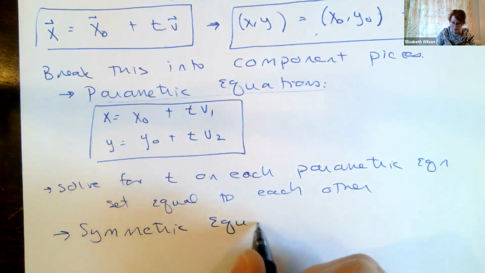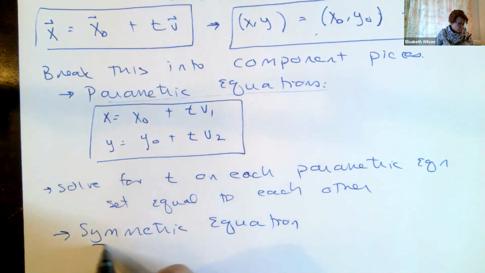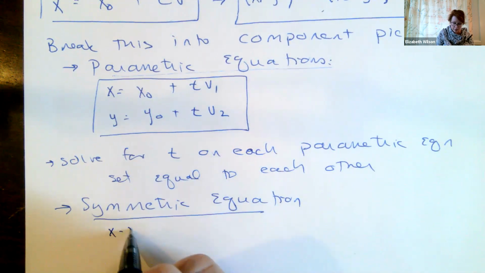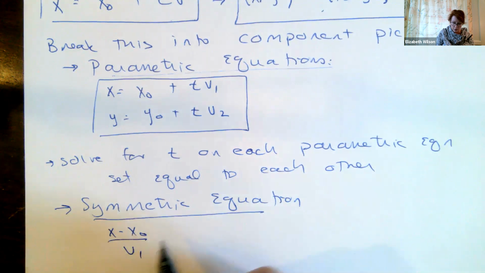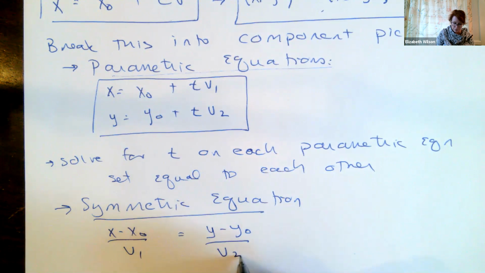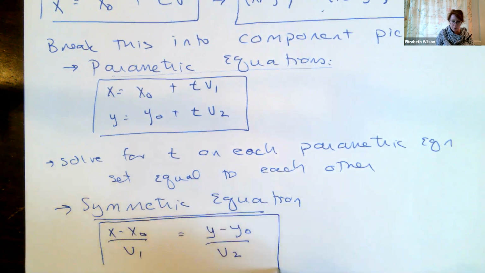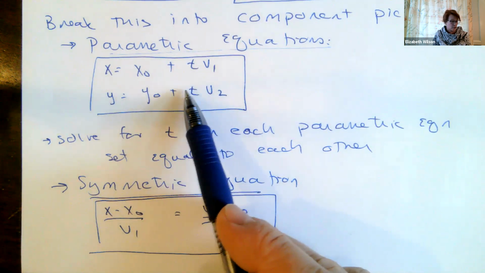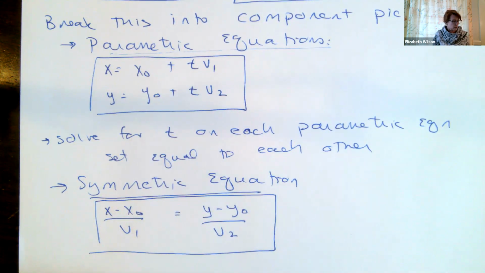Your homework is going to ask you for all these pieces. So the symmetric equation, right, if I do this, I'm going to get x minus x naught divided by v1 equals y minus y naught divided by v2. And that's my symmetric equation, right? If I solve for t on each of these and I set those t's equal to each other. Okay.